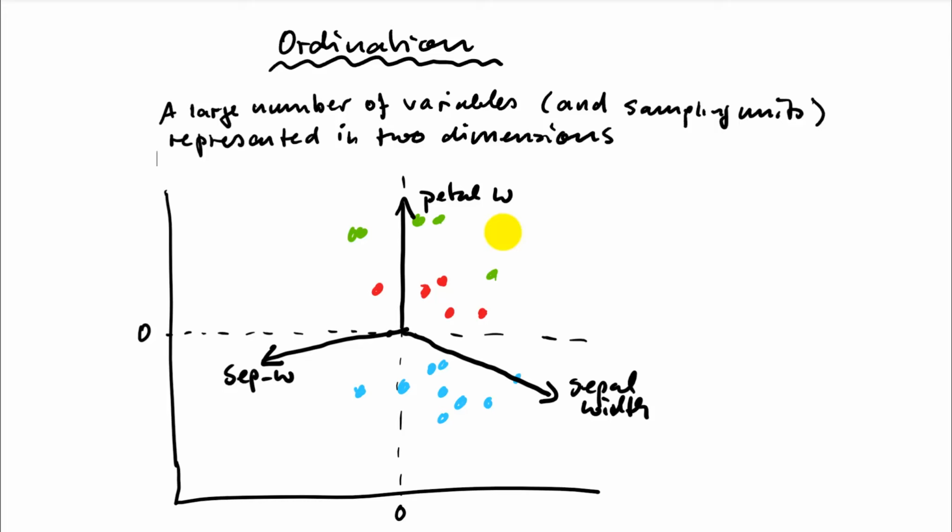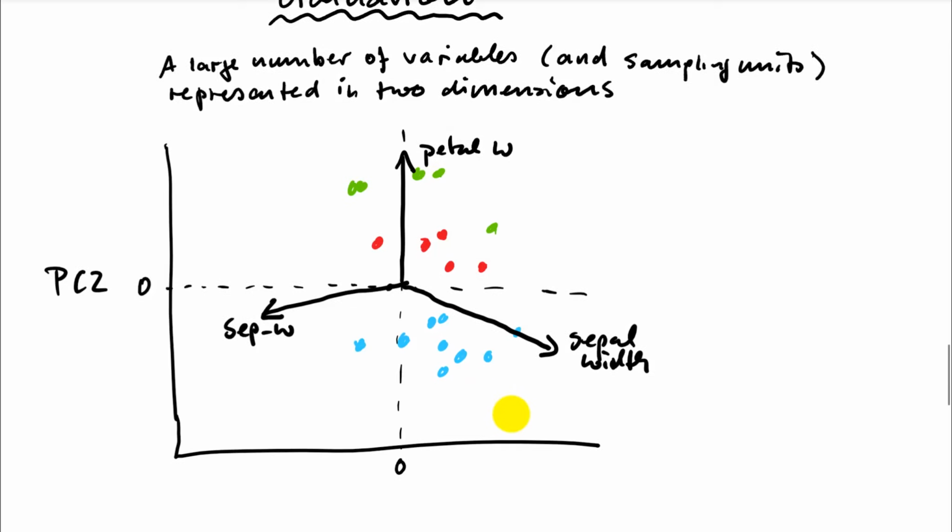So this is my PC2, this is my PC1. They both explain a certain amount of total variance that's in my data set. So let's say this one explains 54%, and this one explains 23%.